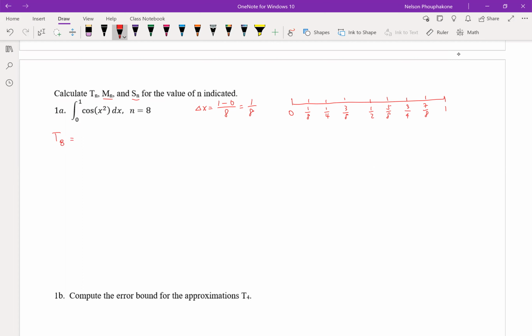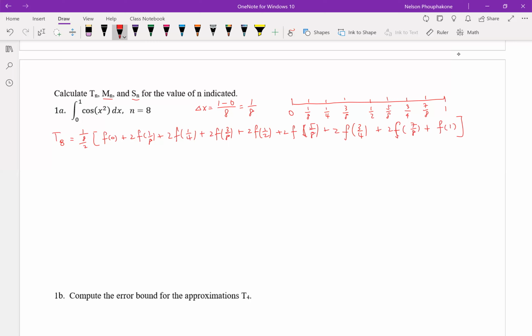T sub 8 is 1/8 over 2 times f of 0 plus 2 times f of 1/8 plus 2 times f of 1/4 plus 2 times f of 3/8 plus 2 times f of 1/2 plus 2 times f of 5/8, plus 2 times f of 3/4 plus 2 times f of 7/8, and remember the last one is just f of 1.